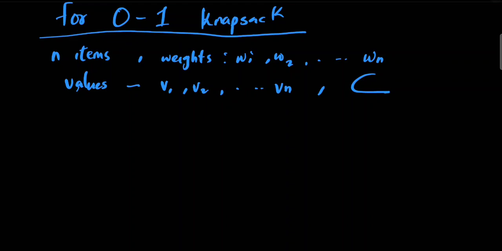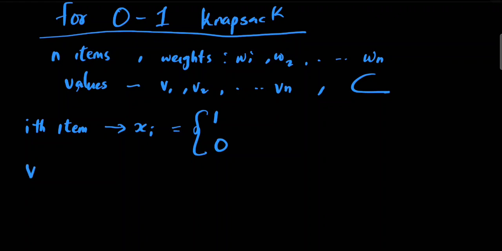So now let's define what this would be. Every item would be represented with X subscript i, and when we choose this item, we represent it with 1, and 0 if it's not chosen.